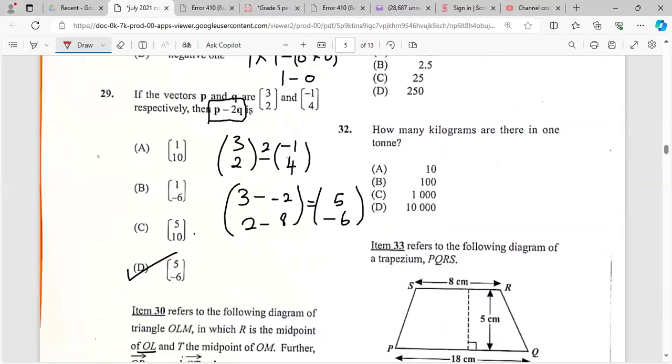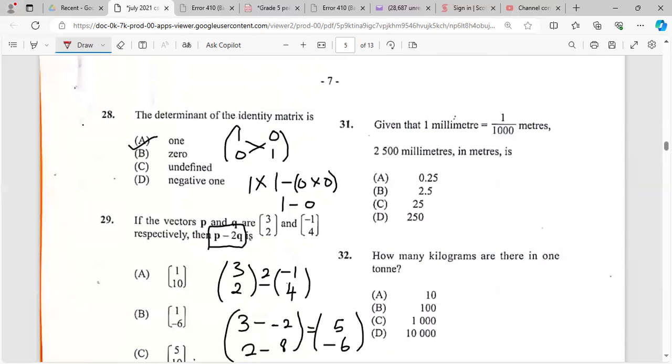Which number are we doing? It said given that 1 milliliter is equal to 1 over 1,000, 2,500 milliliters in meters. Guys, I like to write it a different way. What I do, I would like to say 1,000 millimeters equal 1 meter.